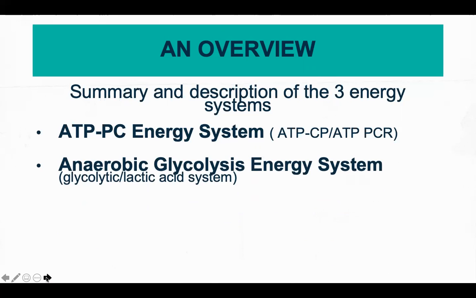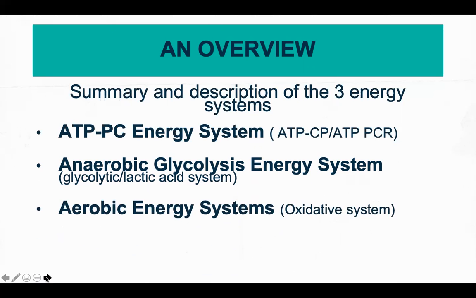The second energy system is the anaerobic glycolysis energy system, also referred to as the glycolytic, as well as the lactic acid system. The third energy system is the aerobic energy system.